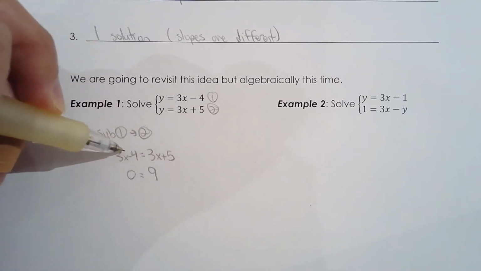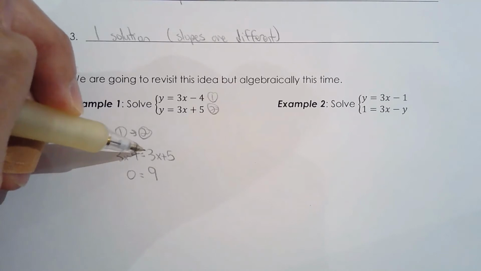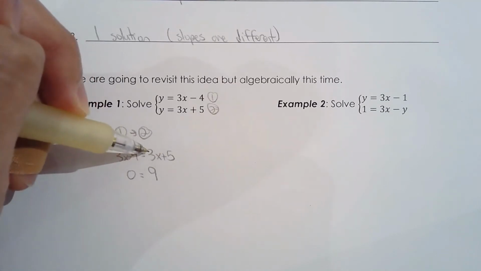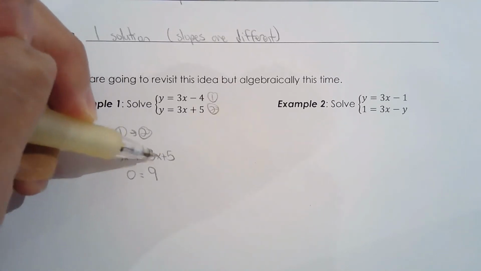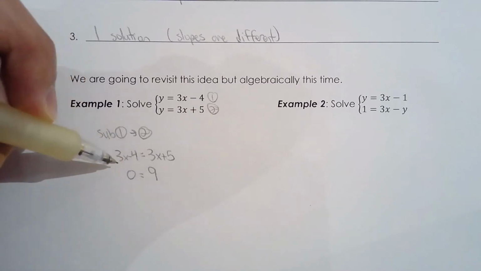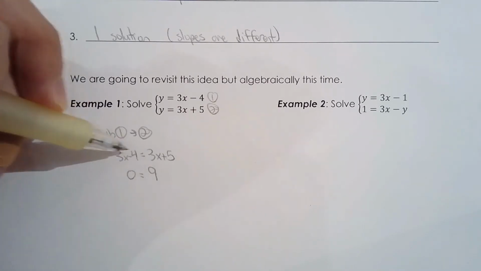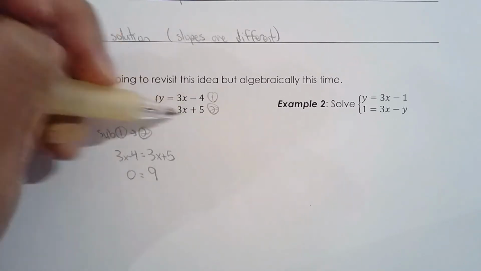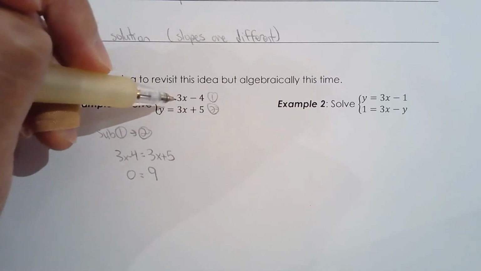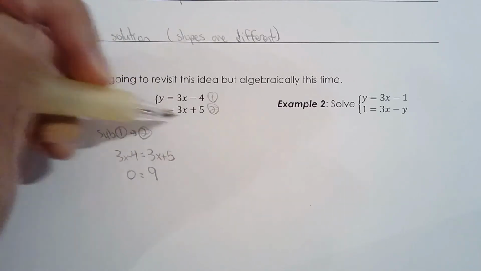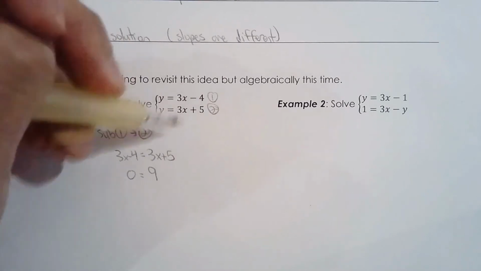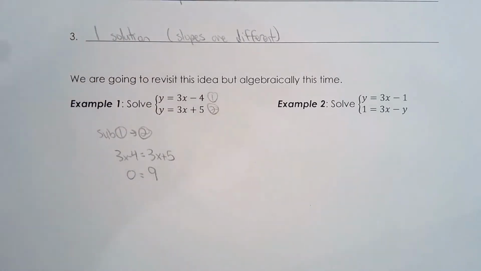Okay, 3x minus 4 is never going to be equal to 3x plus 5, regardless of what you let x equal. And that makes sense because that's going to tell you that there is no solution to this system. Okay, 3x minus 4 is never equal to 3x plus 5, so there's no solution to this linear system, as we expected.